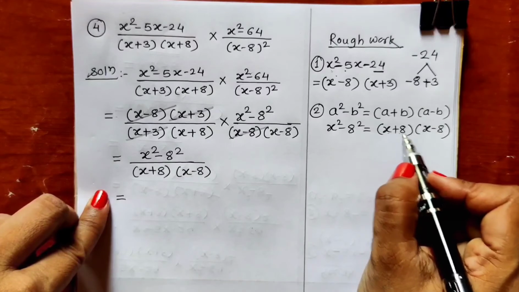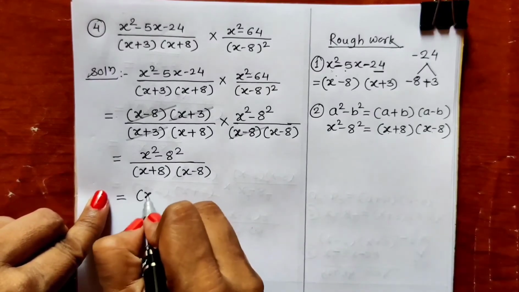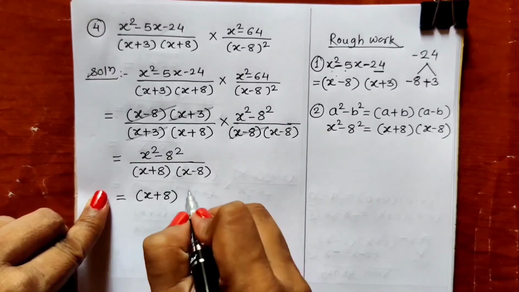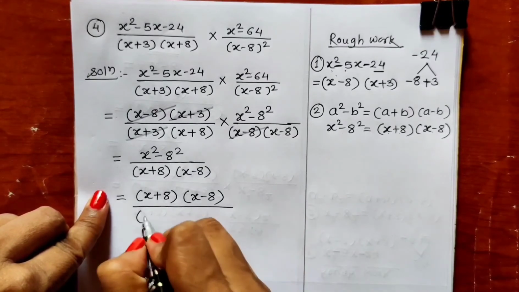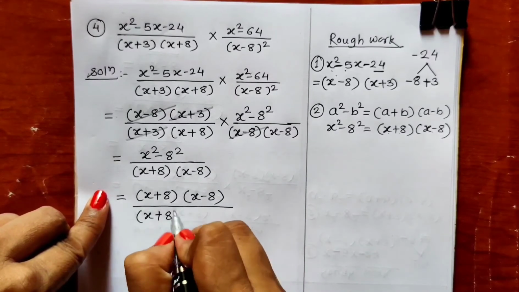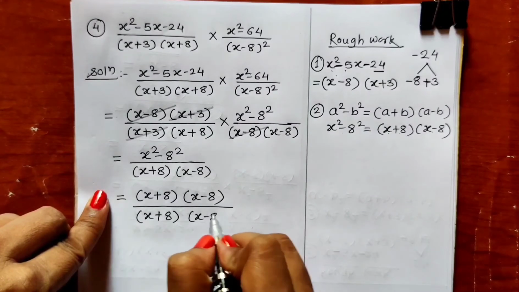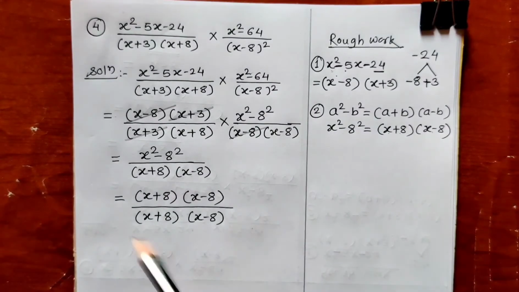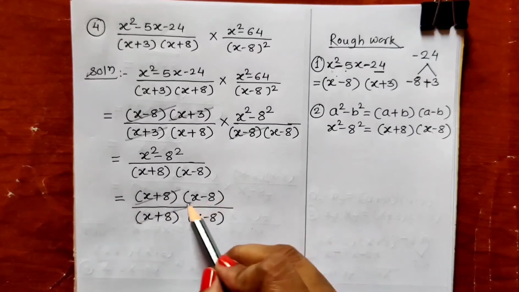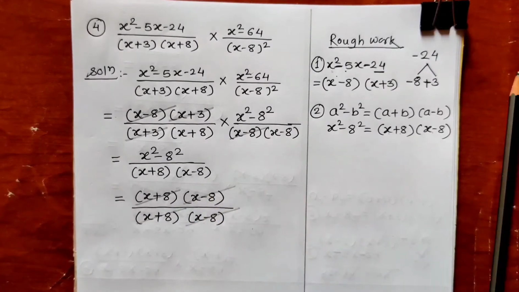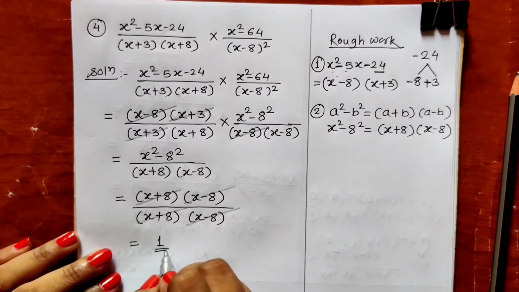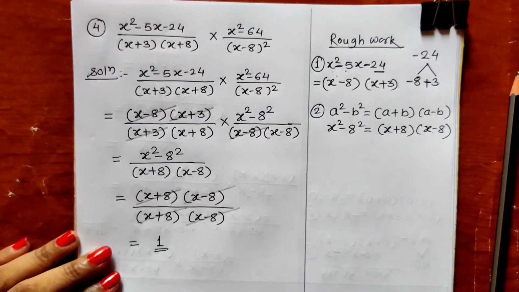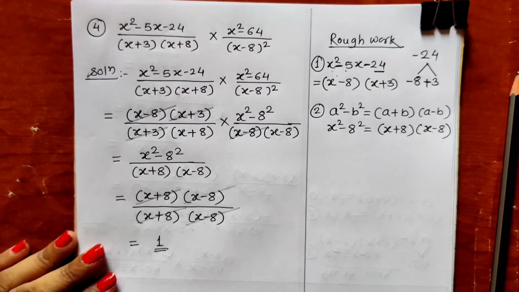We will write x plus 8 and x minus 8, and in the denominator also x plus 8, x minus 8 is there. We can cancel all these brackets, x plus 8 with x plus 8, x minus 8 with x minus 8. All the brackets are cancelled. So what is remaining? 1 remaining. Nothing is there. Everything is cancelled means 1 is there. 1 is always there.